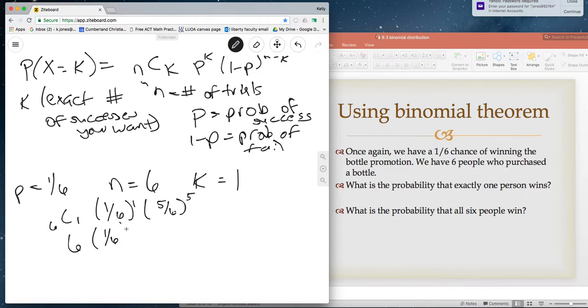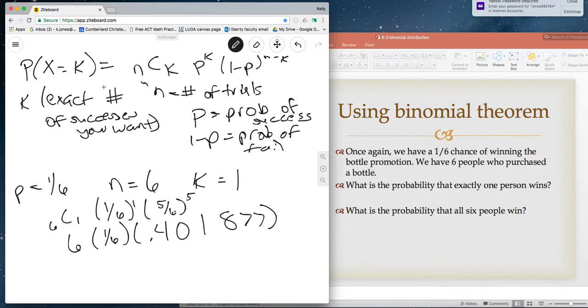Then I have 1/6 raised to the 1 power, which is just 1/6. And then 5/6 raised to the 5th power is approximately 0.401877. Now I'm going to store this in my calculator, and I'm going to times it by 1/6, and then times it again by 6.